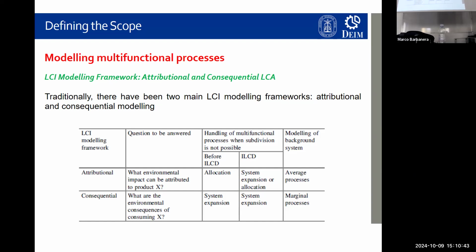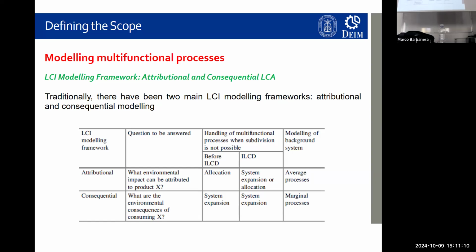In that case, you can find input and output data that are average data for the production of this kind of chemical compound. And so in most cases we use this approach for our LCIA study, the attributional study.